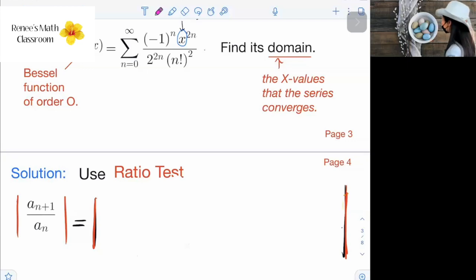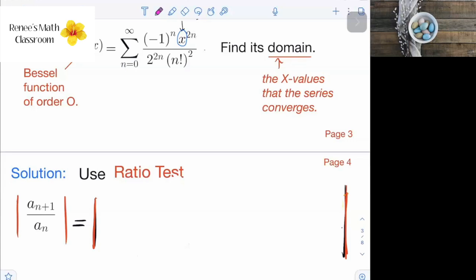Okay. So the final result here is going to be this. So you get x squared in here. Okay, so you can ignore the minus sign, ignore the negative sign. And x squared on top, 2 to the second down here, n plus 1 squared in the denominator.